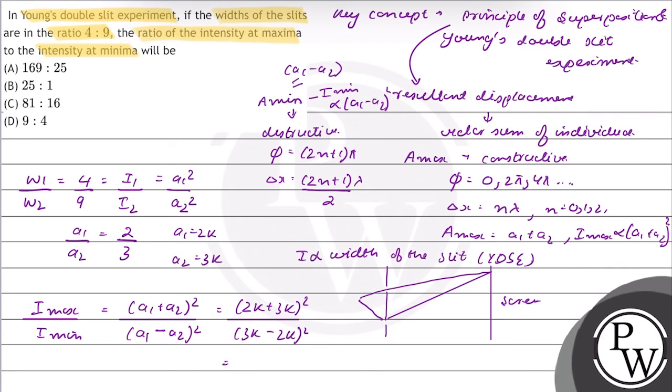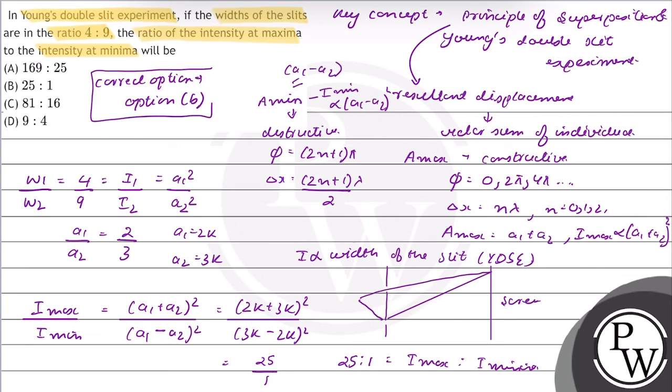This equals 25 by 1. So the answer for this question is 25:1 is the ratio of intensity max to intensity min. So the correct option for this question is option B, that is 25:1.